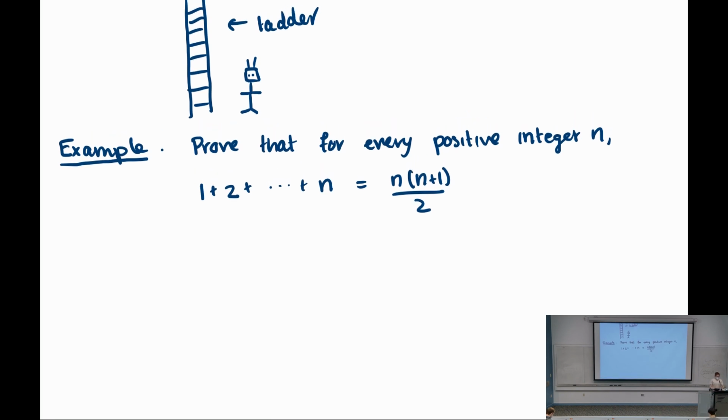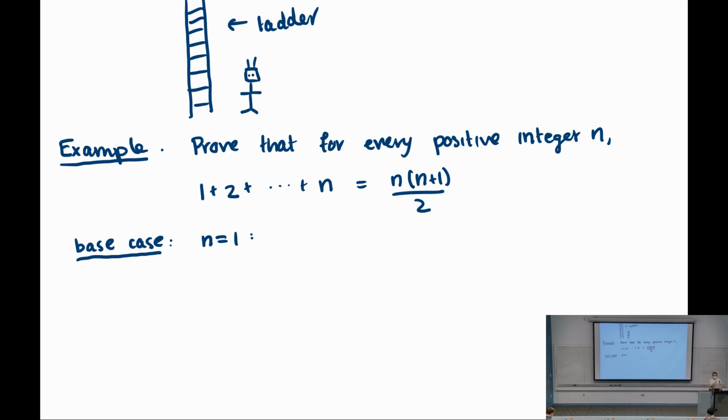Okay, so let's start with the base case. So what should we start with for the base case? Yeah, 1. Okay, so we'll start with n equals 1. And what is the statement saying in this case?